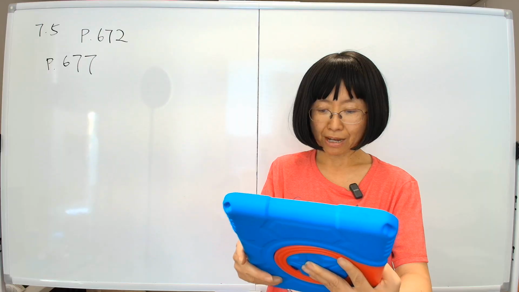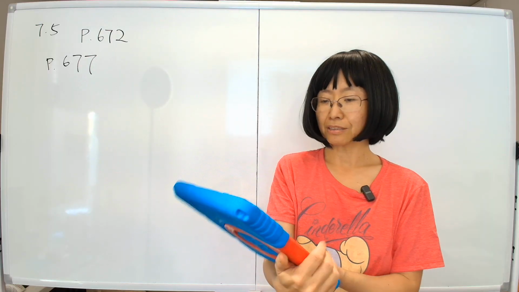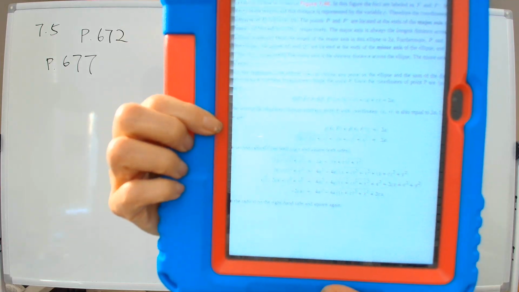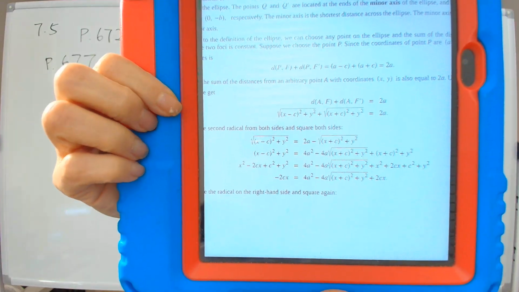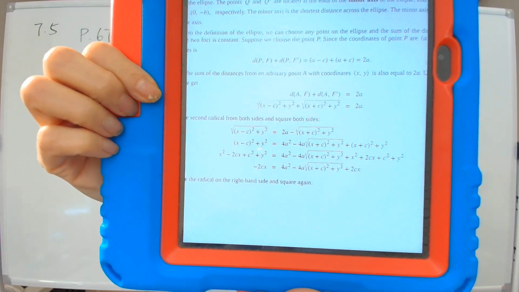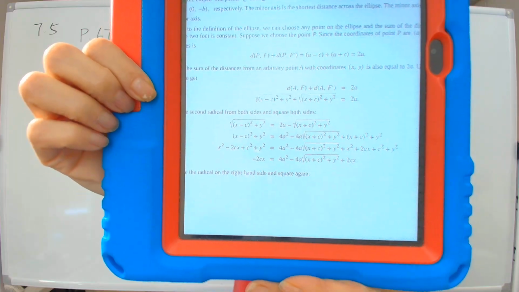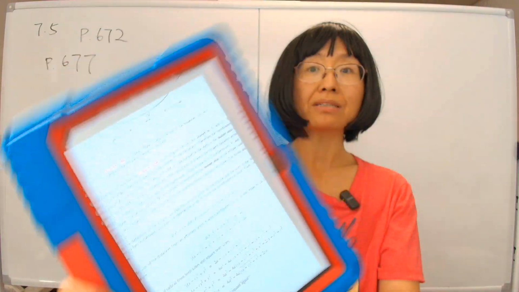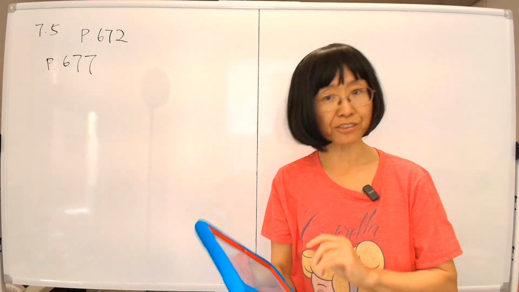You have to derive it, of course. The derivation is at the bottom of the page. What is the distance? The distance is just the length of the major axis. That is 2a, because a is half of the major axis.